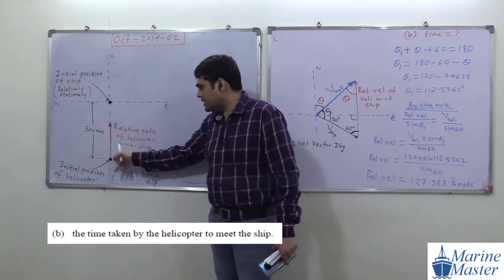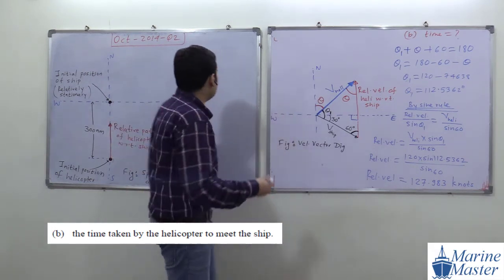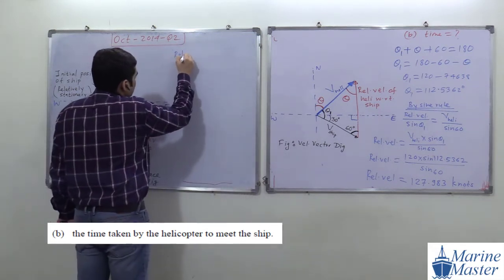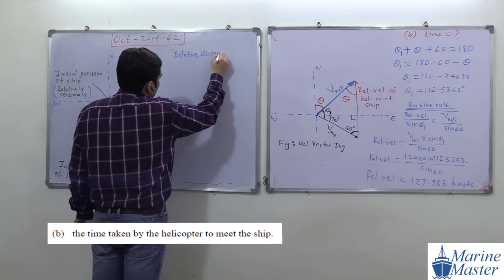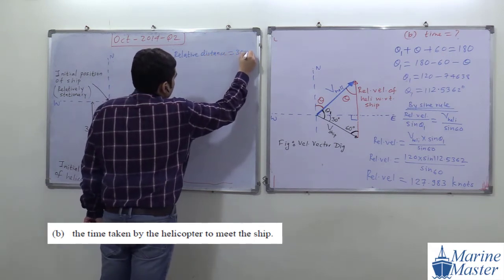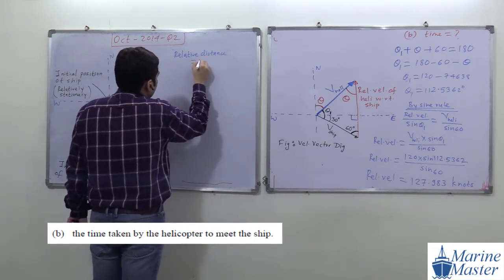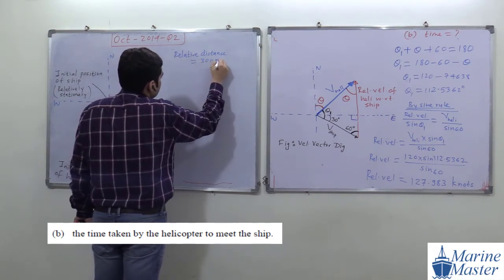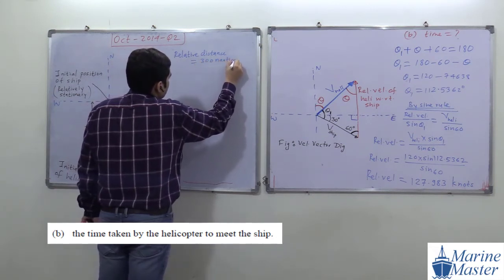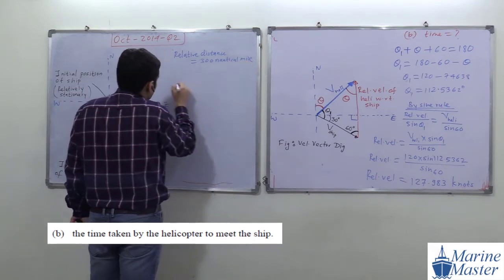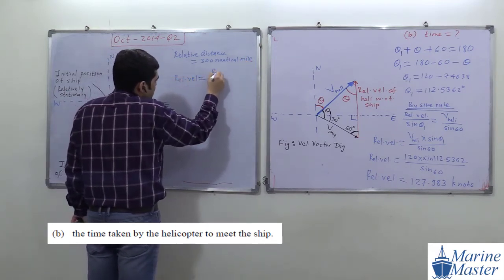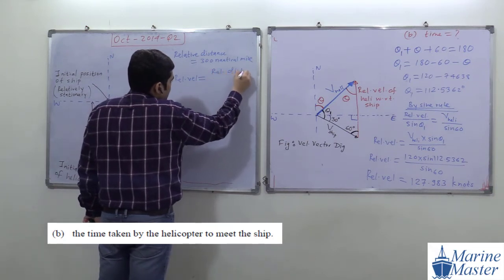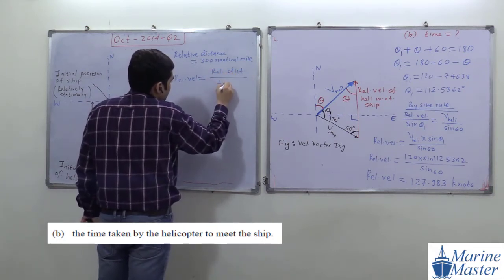So relative distance will be 300 nautical miles. Okay, guys, are you getting my point? Relative velocity will be equal to relative distance divided by time, same scenario as we discussed.